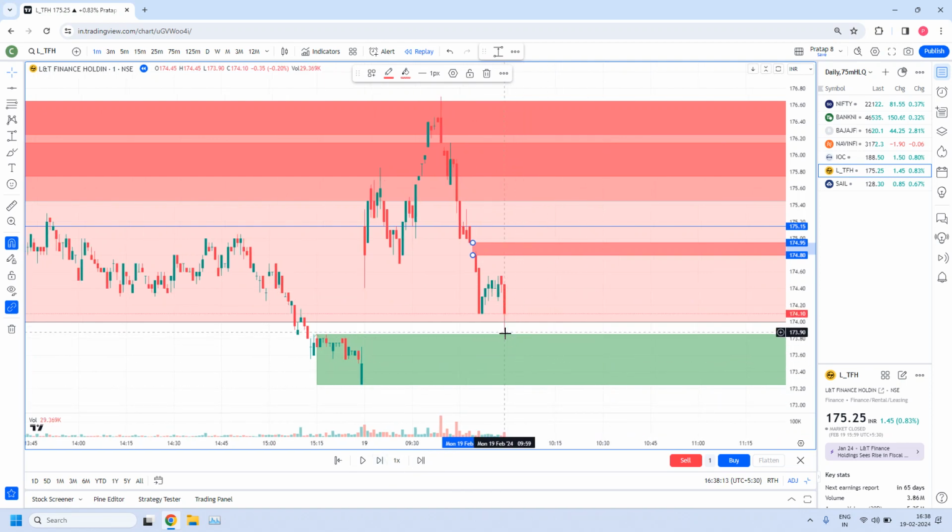Now it reached the target, just 5 paisa before. That means we would have booked our profit just 10 or 15 paisa before, or maybe even 5 paisa before.